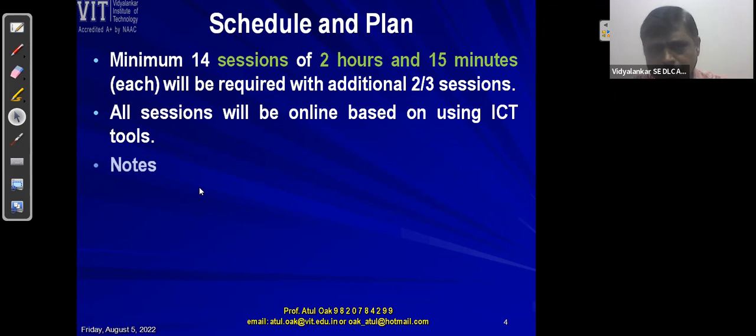And notes, most important. Soft copy you will get. We have our app in which those notes will be shared, but I suggest that you make a notebook for this subject, because as we proceed I will be giving you some dictation in between.